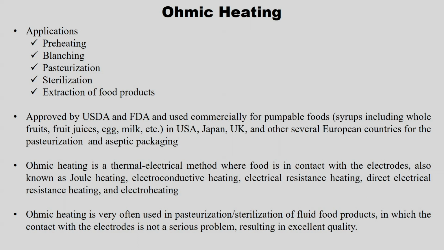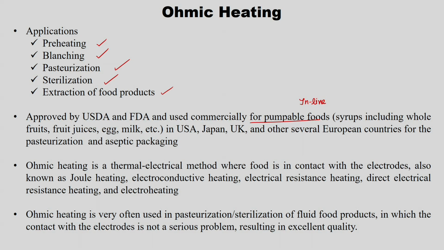In terms of application, ohmic heating is used for preheating, blanching, pasteurization, sterilization, and extraction of food products; in almost all main thermal processing of food it is employed. Approved by USDA and FDA and used commercially for pumpable fluids, which is nothing but inline.